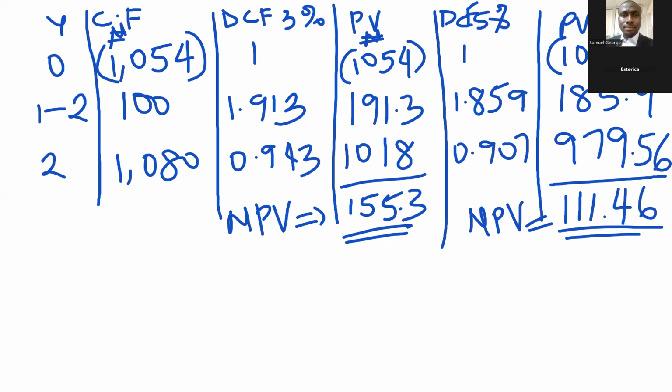So we've gotten our two NPVs. Now we are going to use this IRR formula, which is our yield to maturity formula.